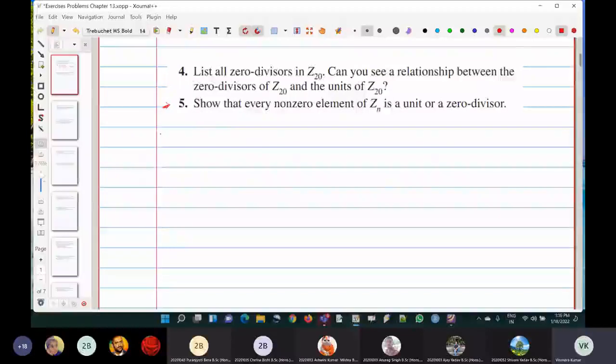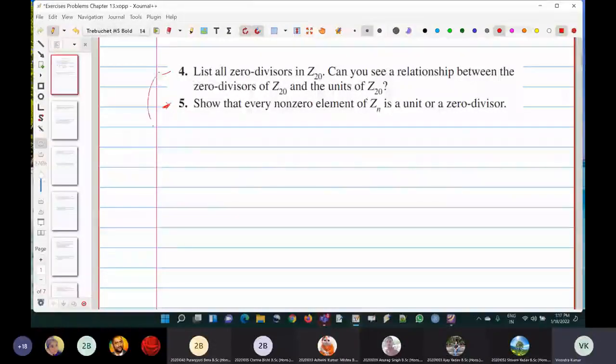In fact, we will see later on that in every finite ring, any element you take is either a unit or a zero divisor. So this is a particular case, this is a more general case, and later on we will have a more general case than question number 5, and we will see what happens if it is not finite.